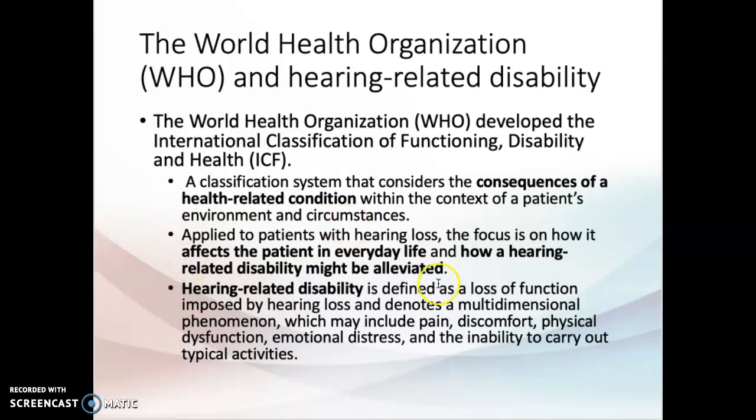So the World Health Organization, most of you have probably heard of the WHO. They have a classification for functioning, disability, and health.